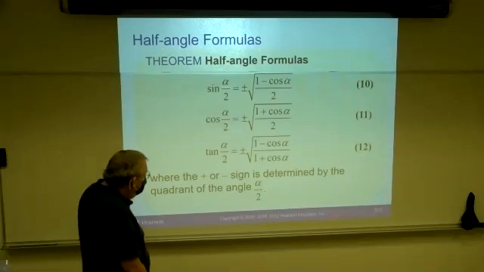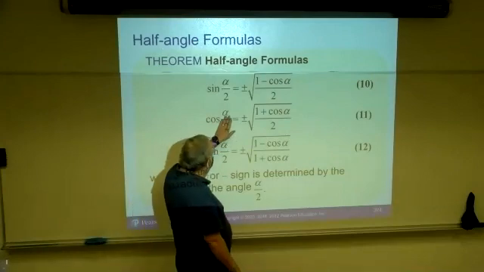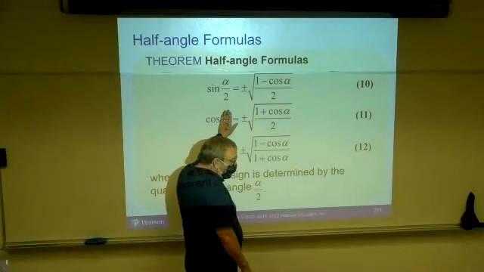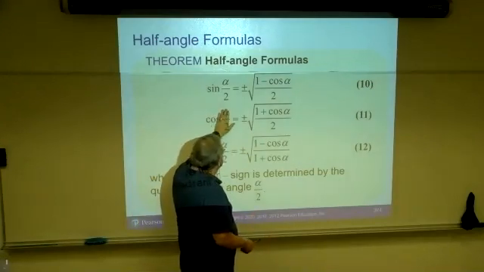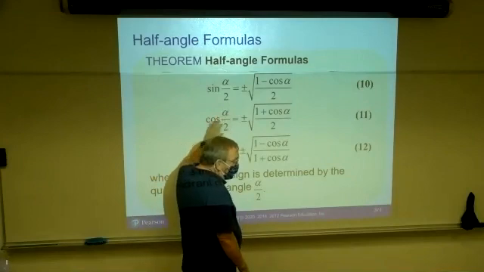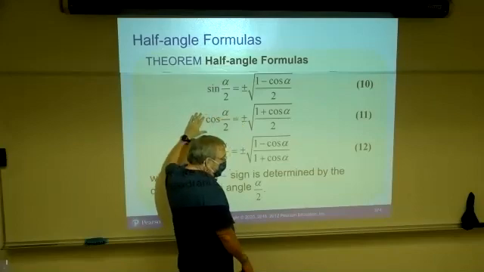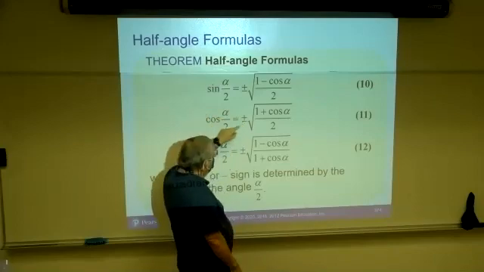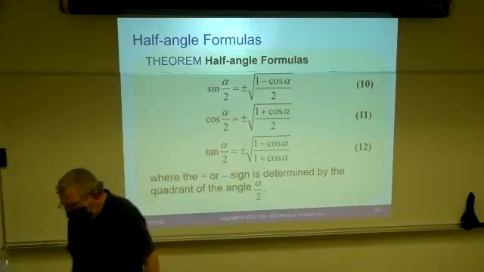The plus or minus sign is determined by the quadrant of alpha over 2. Whichever quadrant alpha over 2 puts you in determines whether it's going to be plus or minus. If we're talking first or fourth quadrant for cosine, then it's going to be positive. If we're talking second and third quadrant, then cosine is going to be negative. So that's what they're talking about there.